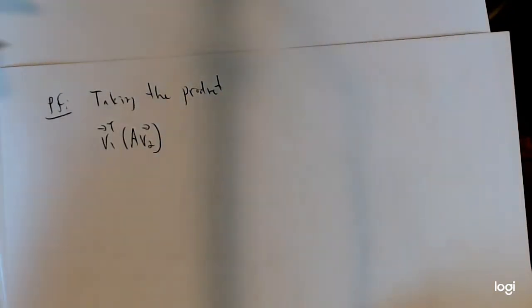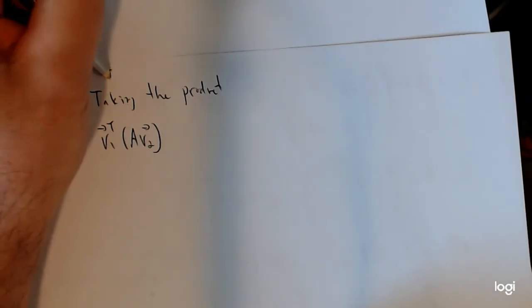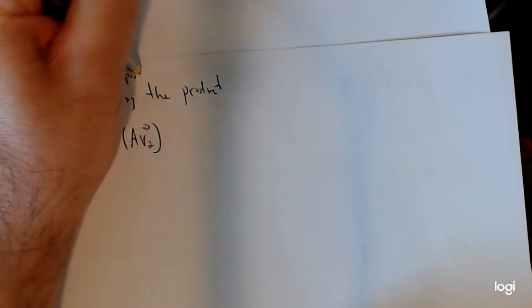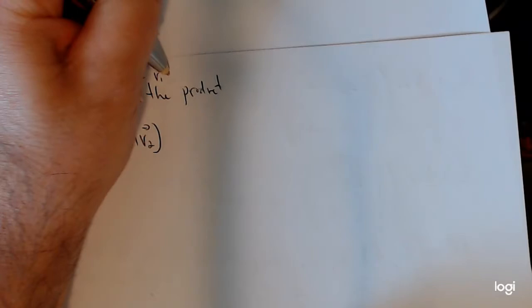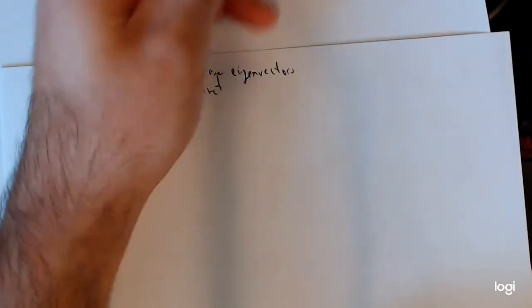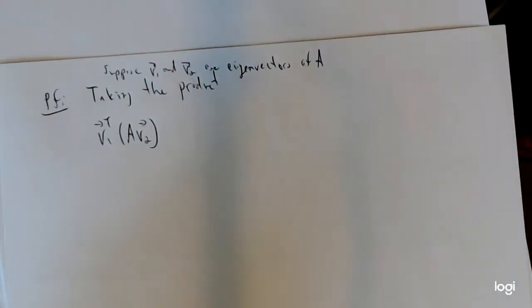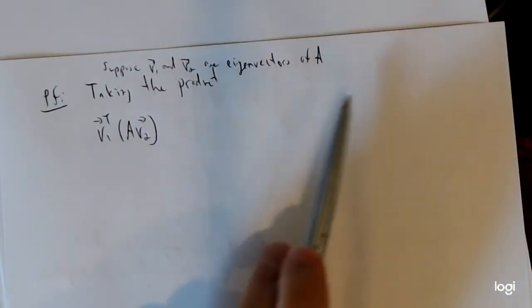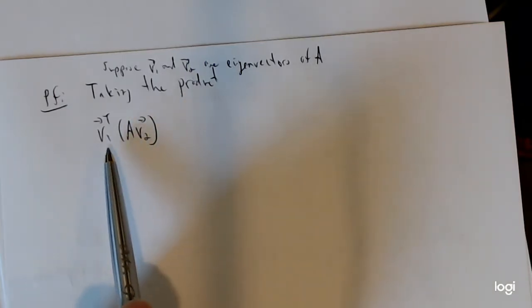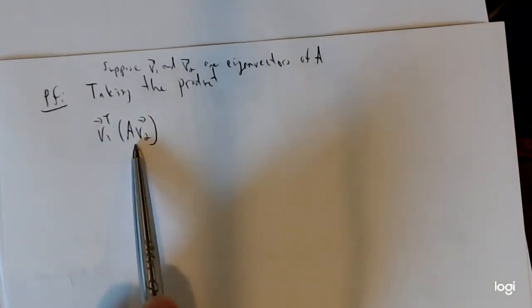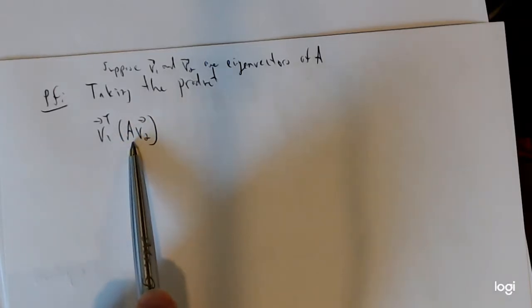And by the way, let's just say suppose V sub 1 and V sub 2 are eigenvectors of matrix A. Okay, so that's the assumption we're going off of, right? So we're going to take the product of V sub 1 transpose and multiply it into A V sub 2.